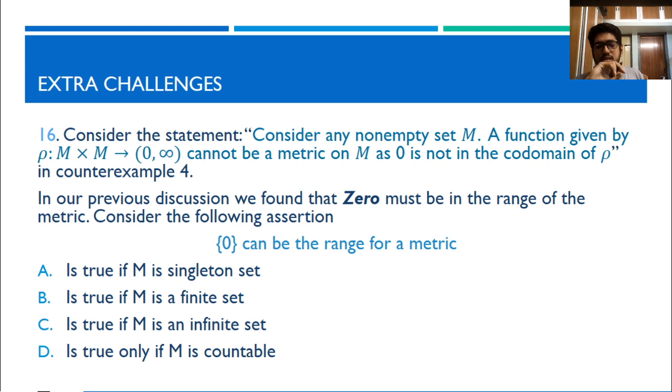I have made an assertion and I've asked you to verify in which of these cases this assertion is true. Mahesh says A. You can mention why. Yes, Karpagam, you have also voted for A. Mention why it is true. Why did you choose A?